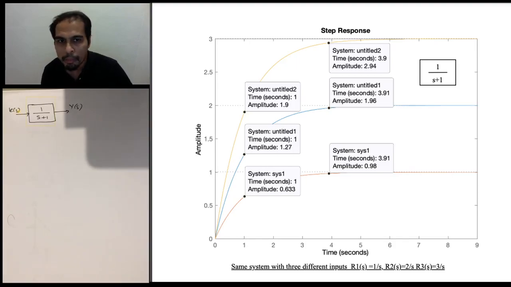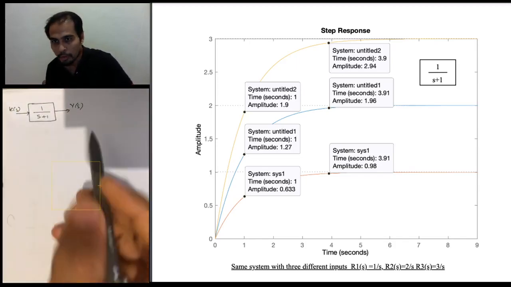These three parameters belong to the system, not to the input. Regardless of the input, the parameters will be the same. The only thing that changes is the steady state, which changes according to the input. If the input is higher, the steady state will be higher.